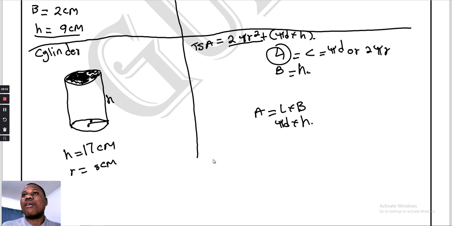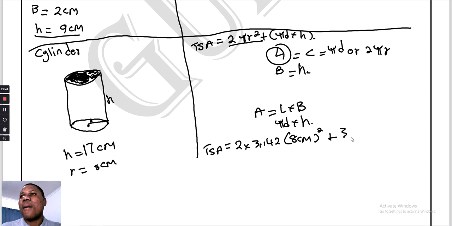Okay, so our formula says total surface area is equal to 2 pi r squared plus pi d multiplied by height. So that means we're going to say 2 multiplied by 3.142, into brackets. How much is our radius? Our radius is 8 centimeters. We're going to have 8 centimeters to the power 2 plus 3.142 into brackets.